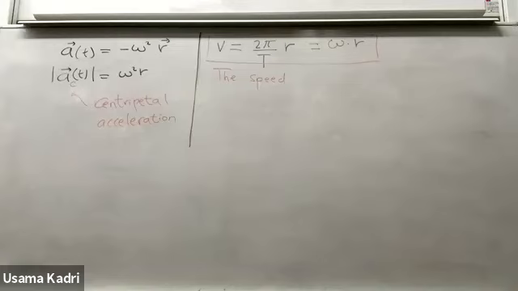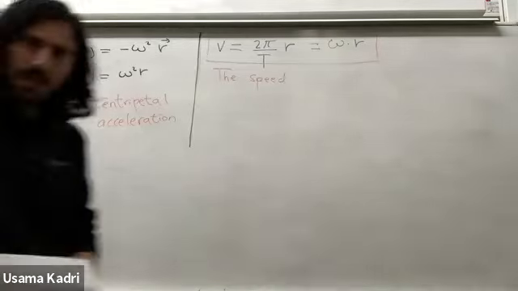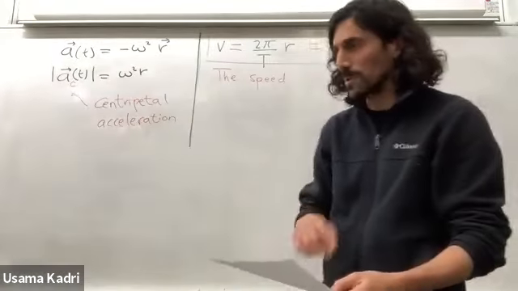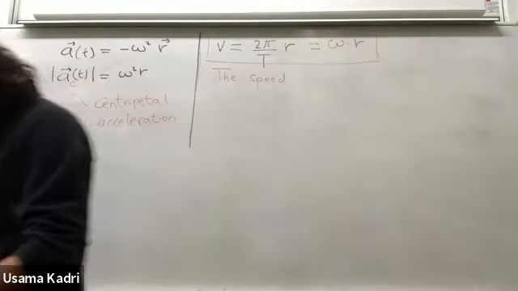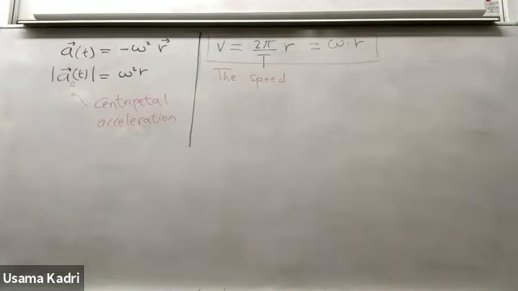I want to show you some demonstrations, so I'll keep the examples for Berna after the lecture. But as I said, what I want to emphasize is that a is proportional to the radius.